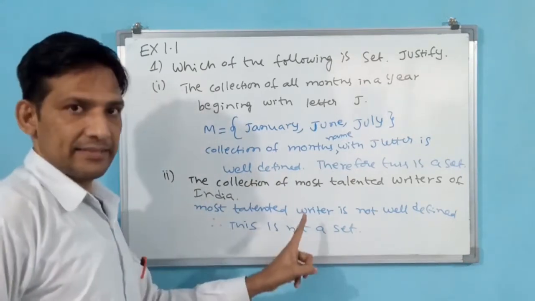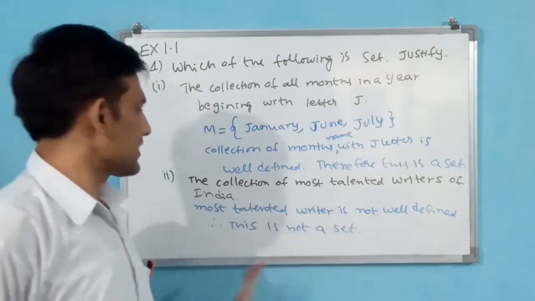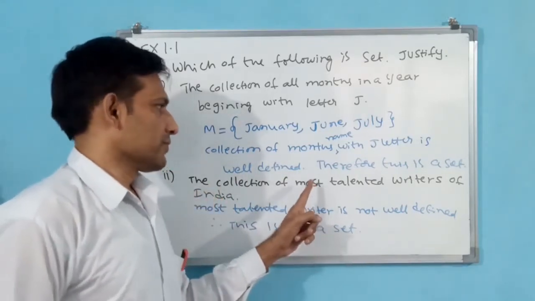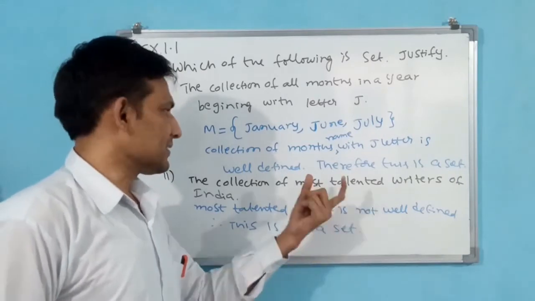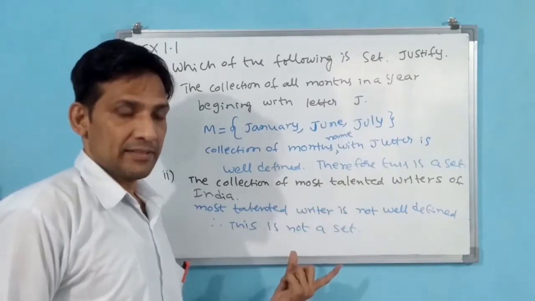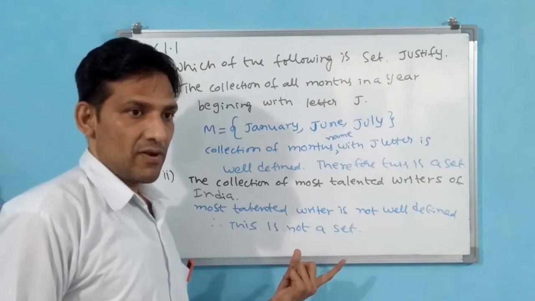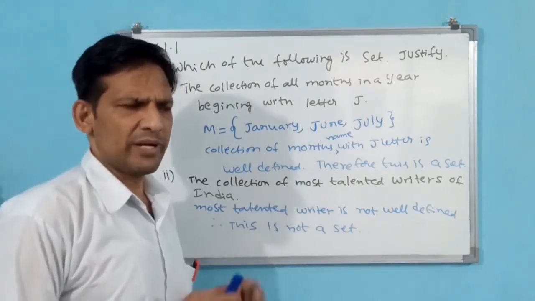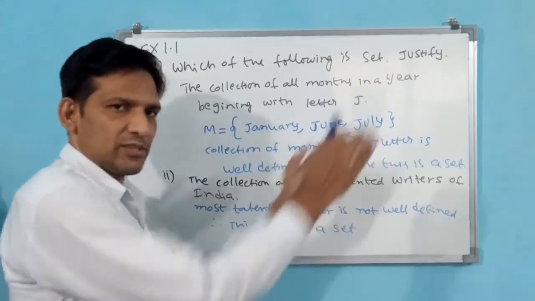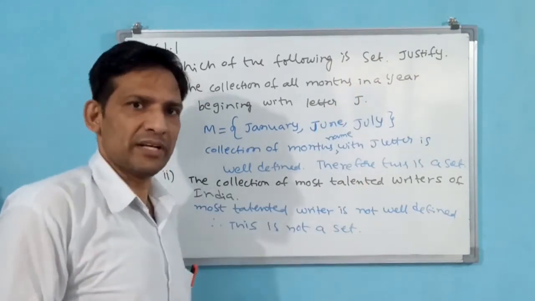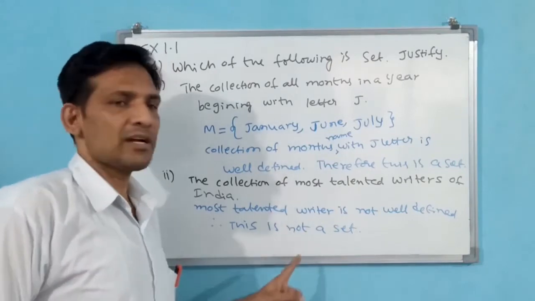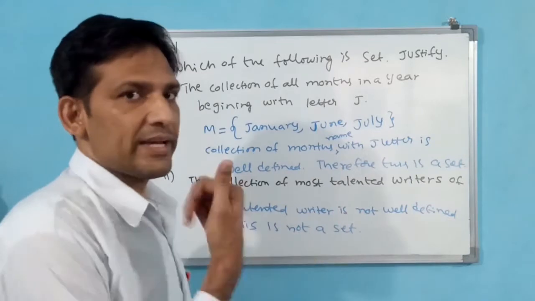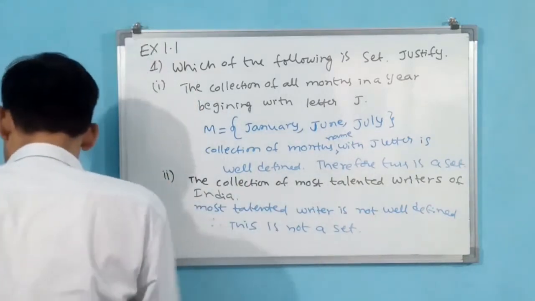Because most talented writer is not well defined. See, rather than most talented writers, if they write the collection of writers of Hindi literature, normally separate collection of writers will be there. All writers, if they come, automatically it is going to be a set. But this is not going to be a set. Most talented means not a set. Why? Because there is no clearly, well defined criteria.